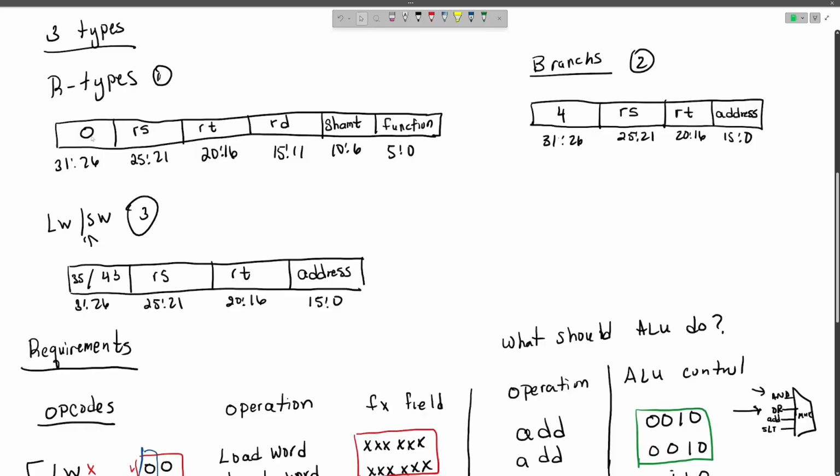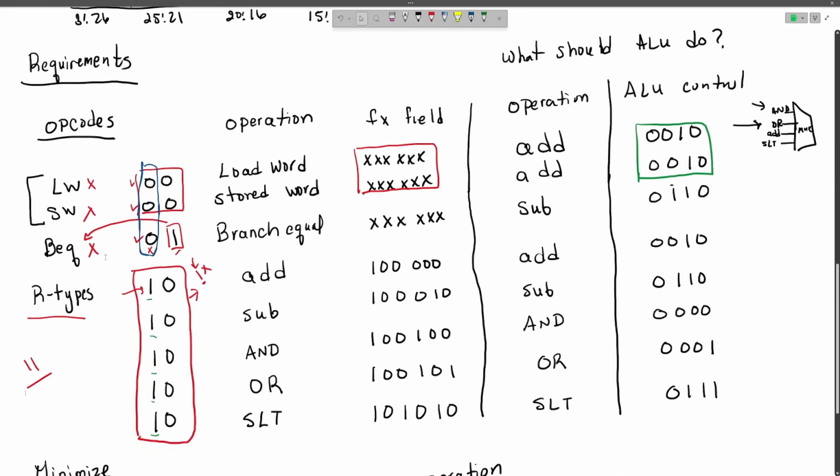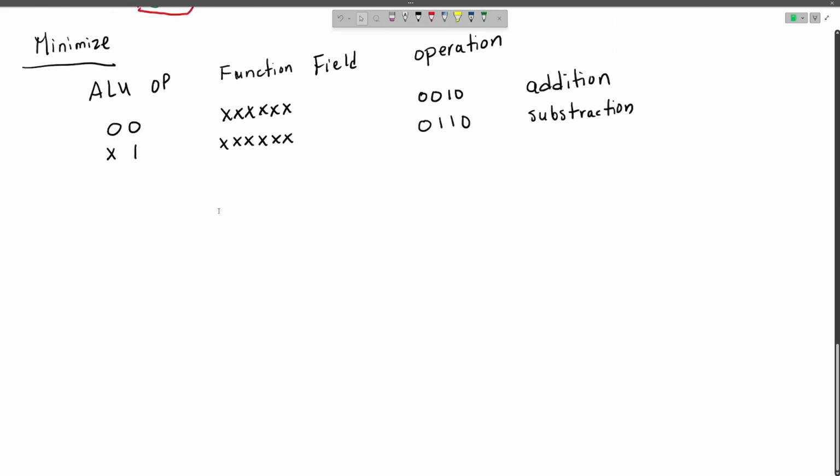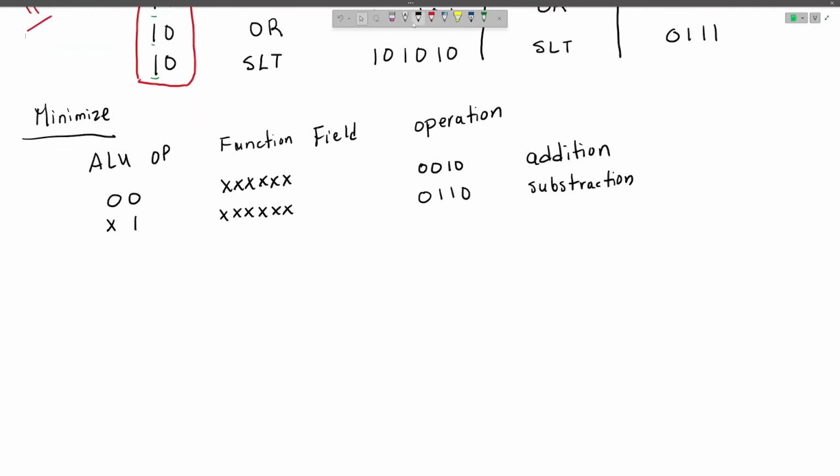So you either have a 0, a 4, a 35 or a 43. So we're never going to have a 1-1. That tremendously minimizes our operation. So we have 1x for the first instruction.